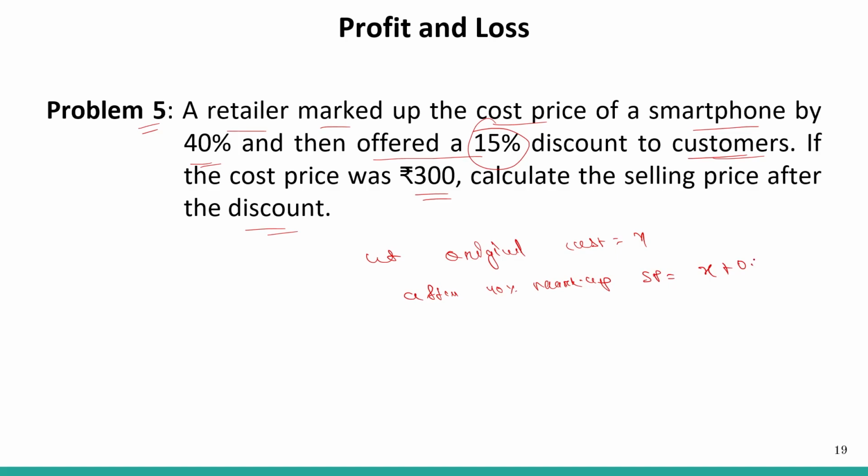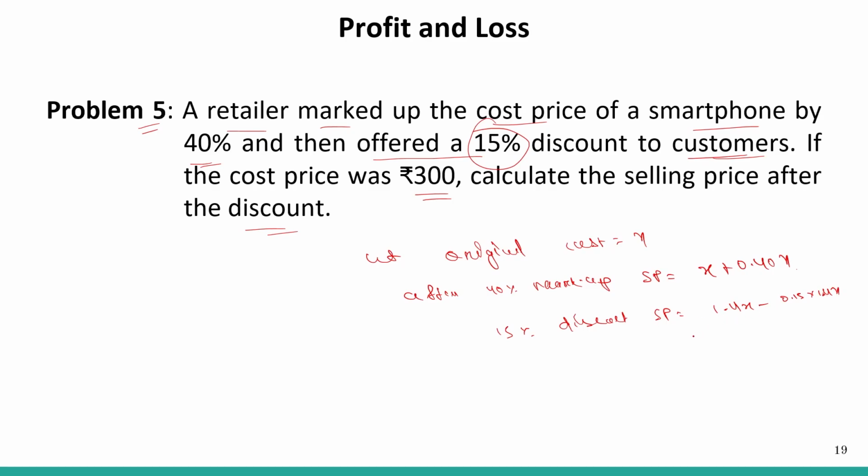X plus 0.40x, right? Then what happened is he offered 15% discount to customers. So after 15% discount, SP is equal to what? So this will be 1.4x minus 0.15 into 1.4x.